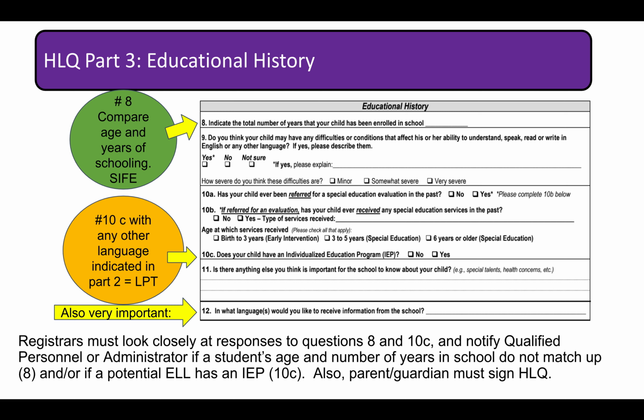And then I highlighted again number 12, in what languages would you like to receive information from the school? After parents fill out the educational history section, the parents sign before the registrar signs and then the qualified personnel signs. So other than the parents, there should be at least two other district signatures on the HLQ.